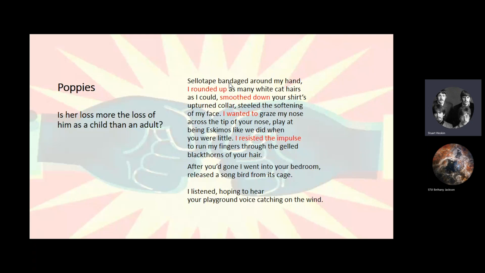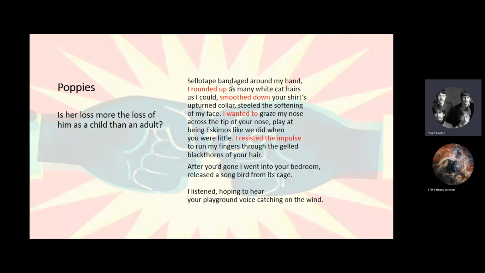Her impulse is to run her fingers through his hair. Right? Again, not something I would imagine you'd be particularly chuffed about your mum doing right now, but probably didn't bother you when you were young. Right? Childish. She wants to see him as a child, doesn't she?